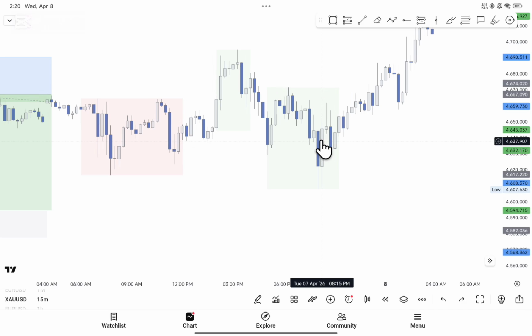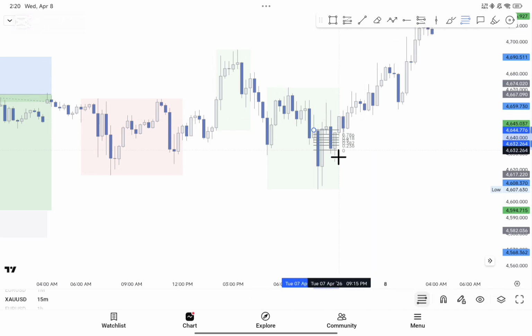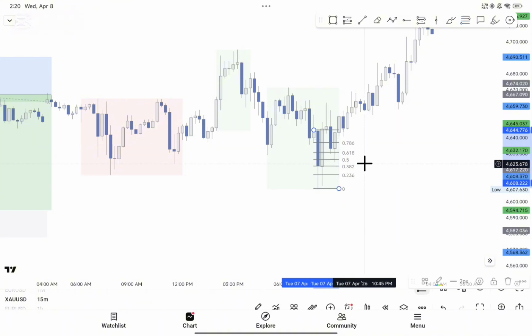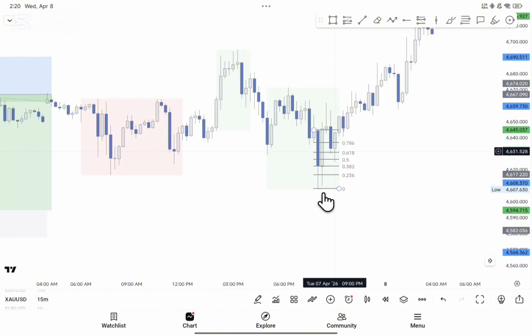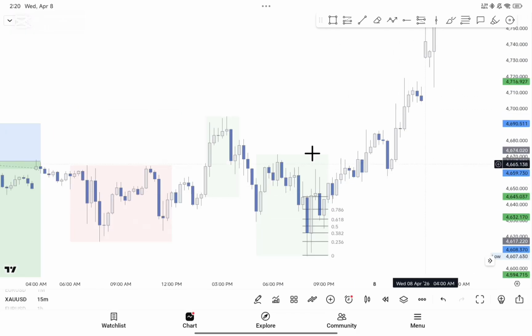On this one, I was planning to buy gold at this level, like 0.6, with my SL below and TP at 3R, something like that.